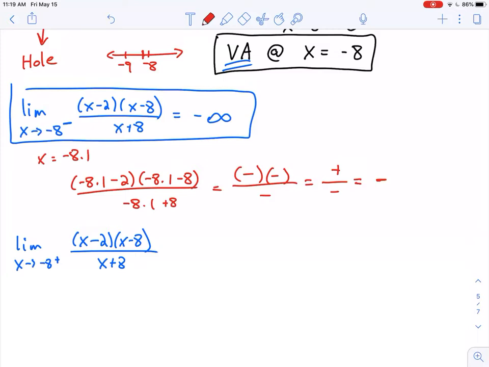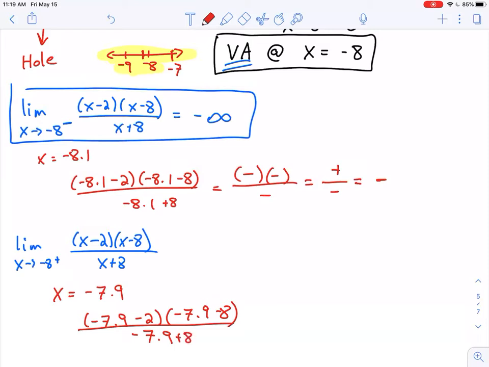Refer to your number line up here if you need to. I'm thinking about a number between negative 8 and negative 7. So I might pick, say, x equals negative 7.9 and plug that in. So negative 7.9 minus 2 times negative 7.9 minus 8 divided by negative 7.9 plus 8.